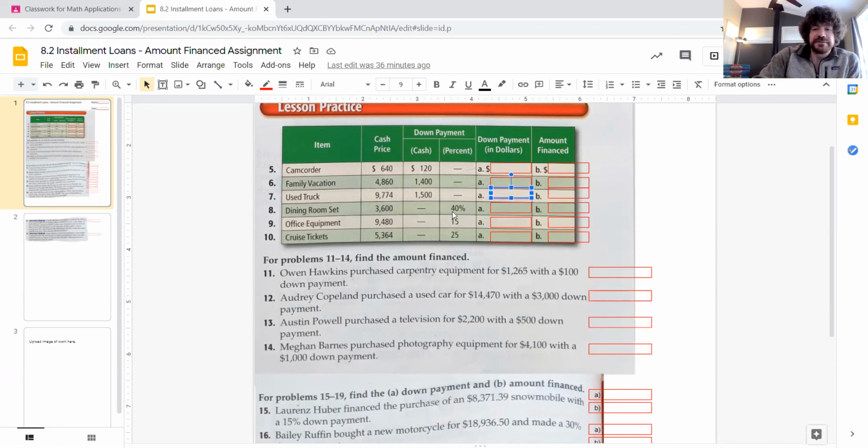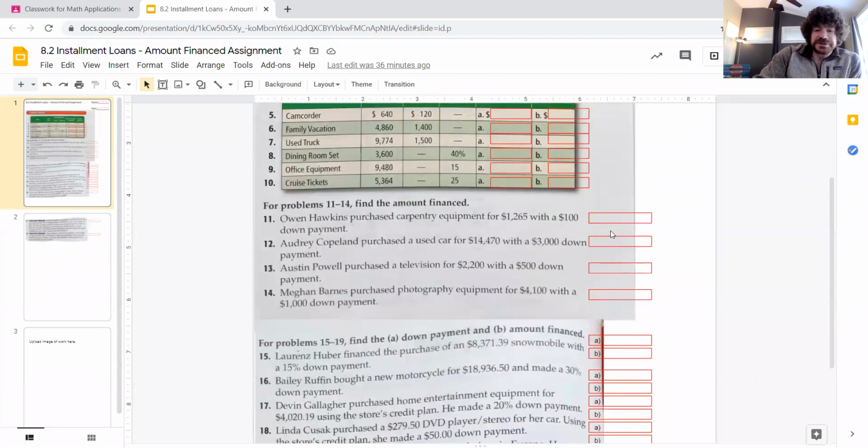So multiply by 0.4, that gives you your amount, multiply by 0.15, by 0.25, and then subtract the down payment in dollars from the cash price over here to get B, the amount financed.